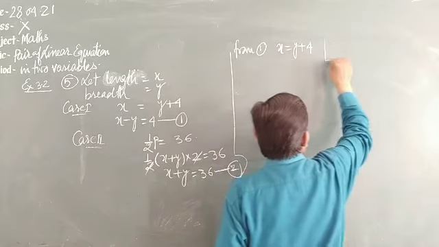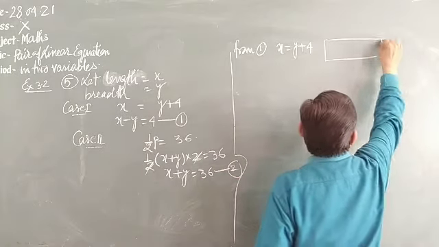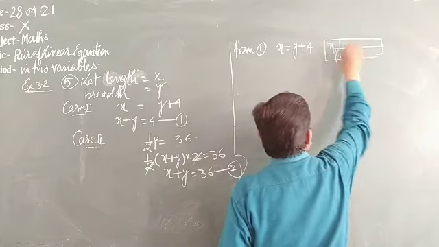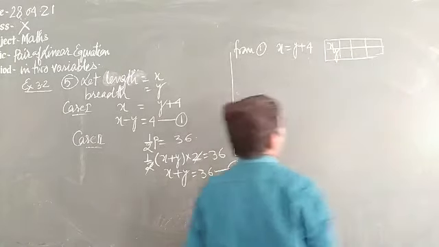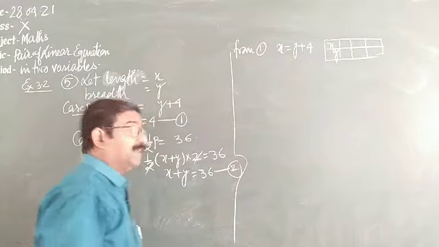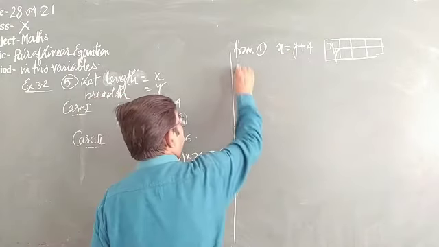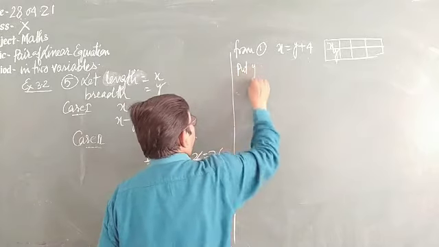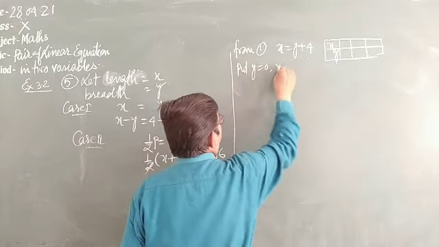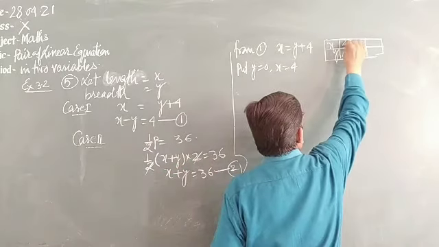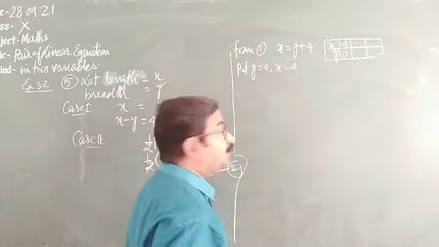Make a box, x and y. Put y is equal to 0, then x is equal to 4.